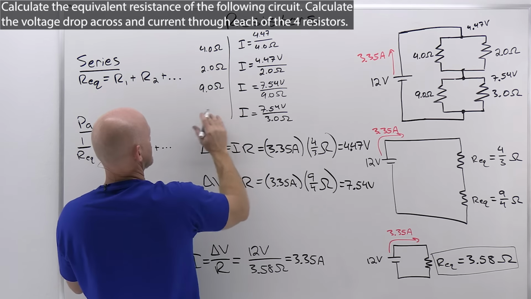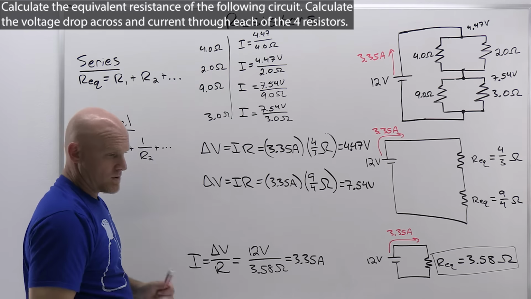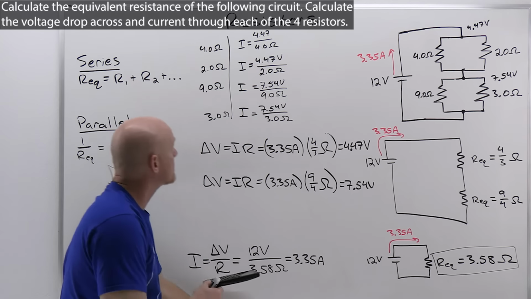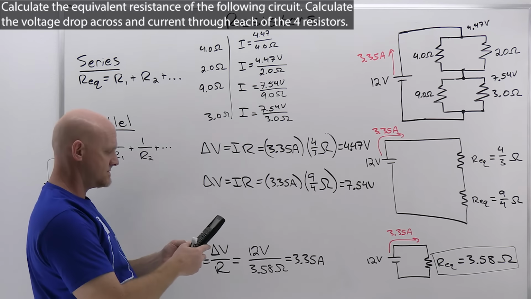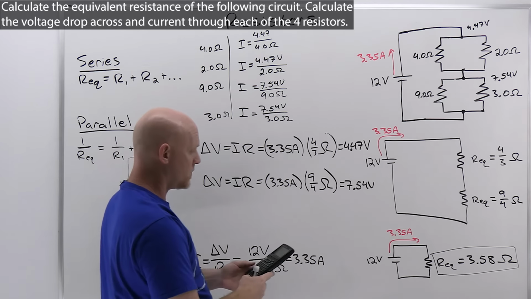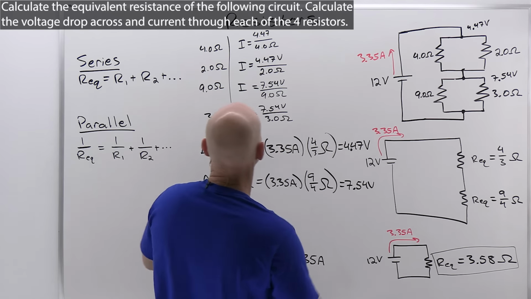Let's see if I line this up just a little bit better. Cool, I'll let the calculator do our heavy lifting yet again. And so first, 4.47 divided by 4 is going to be 1.1175. I'm going to round that to 1.12 amps.